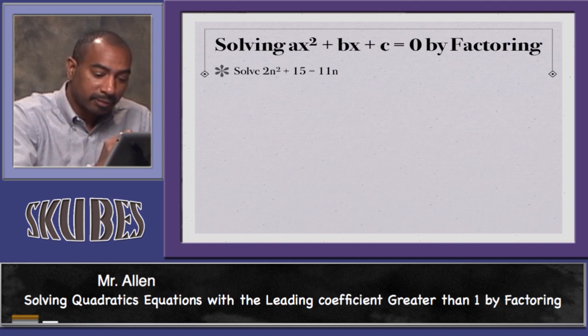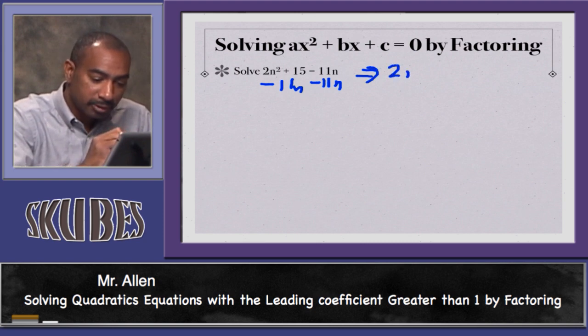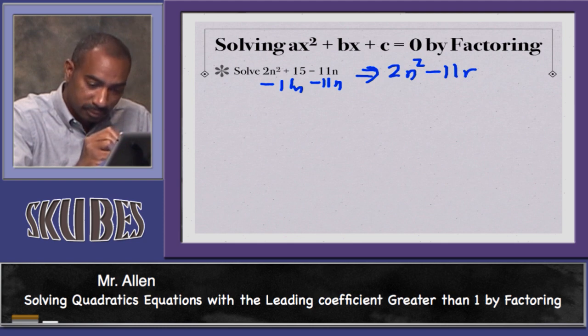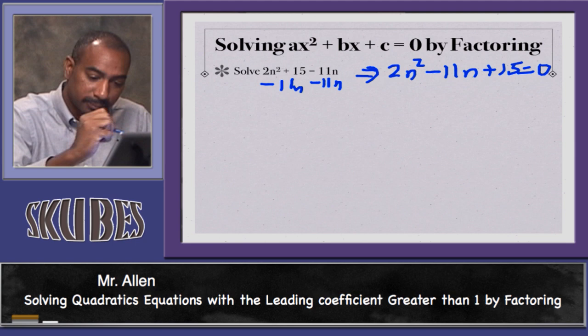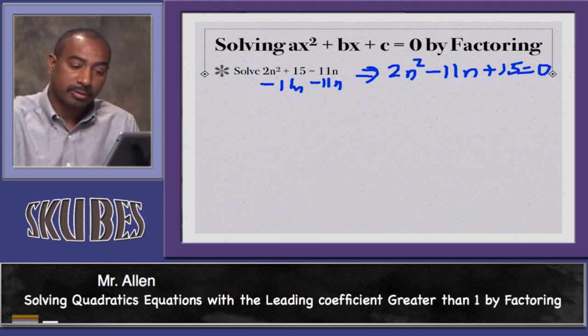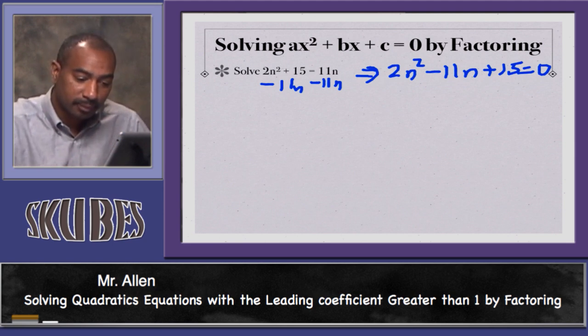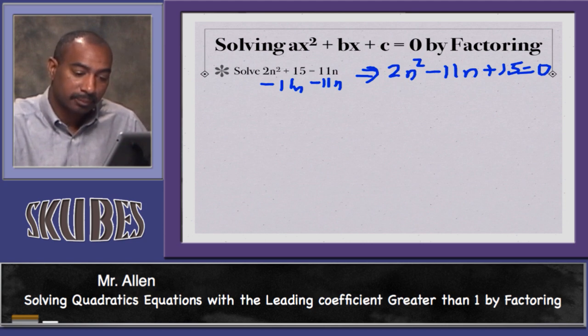So the opposite of 11n is negative 11n. So what you're going to have now is 2n squared minus 11n plus 15 equals 0. And now you want to factor this trinomial and set the factors equal to 0.